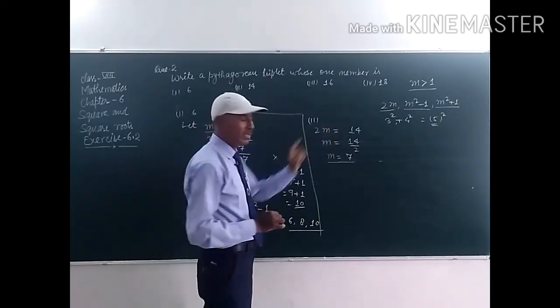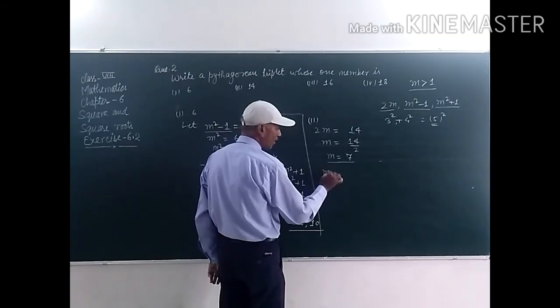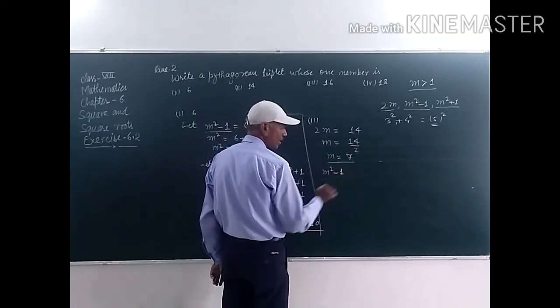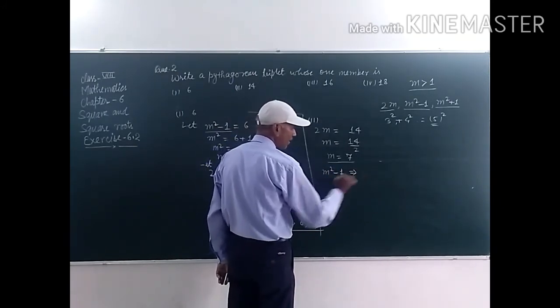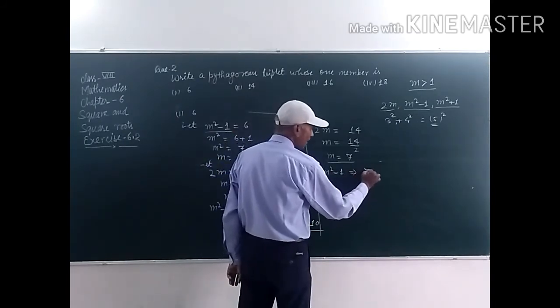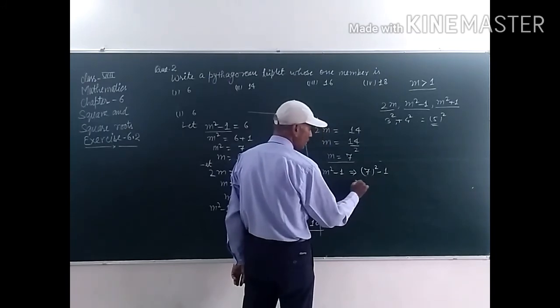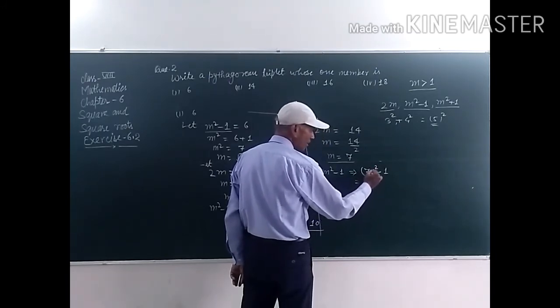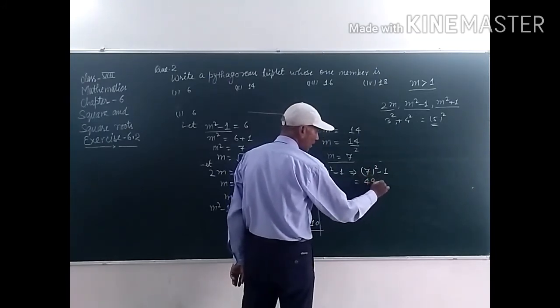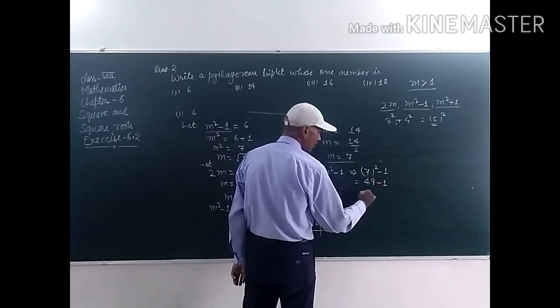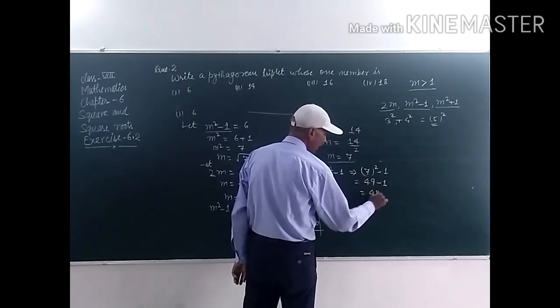Apart from 2m, we have to find m square minus 1, which means 7 square minus 1. So 7 square, it means 7 into 7, that is 49, minus 1 is equal to 48.